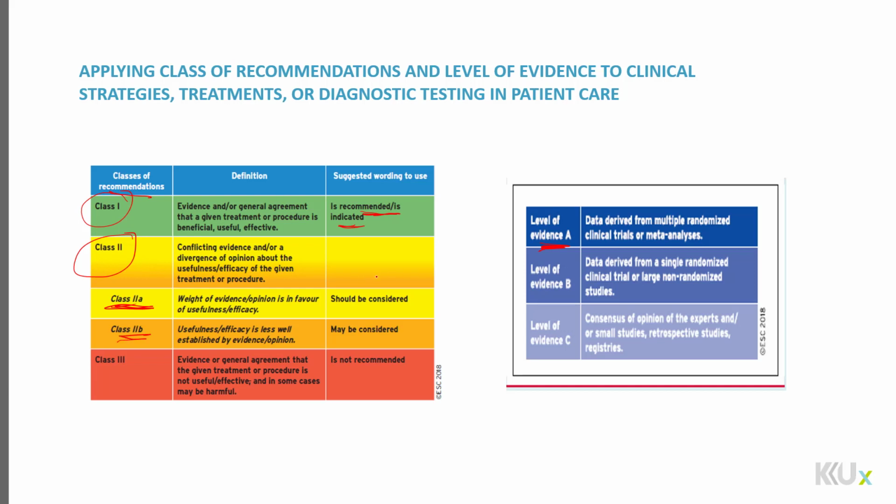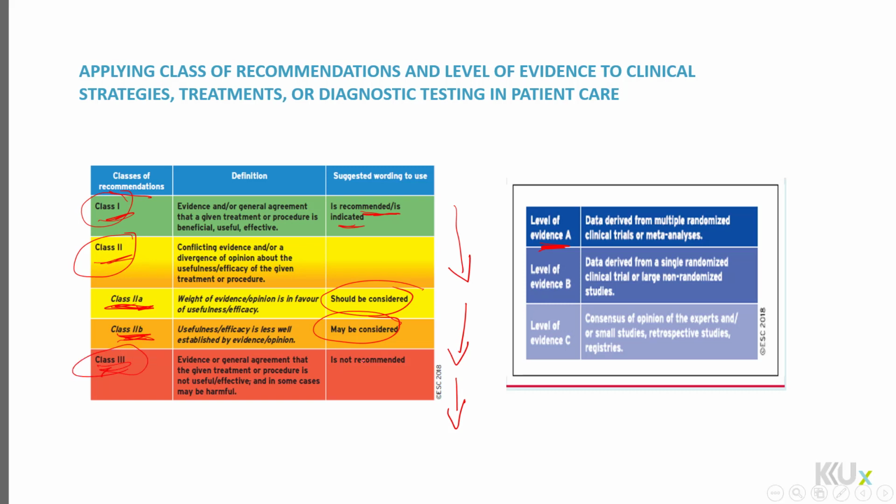The wording used to express such recommendations is either should be considered for class 2A or may be considered at class 2B. As you can see, we are getting weaker recommendations as we go down this list. So class 1 recommendation is much stronger than class 2 and class 3, definitely.